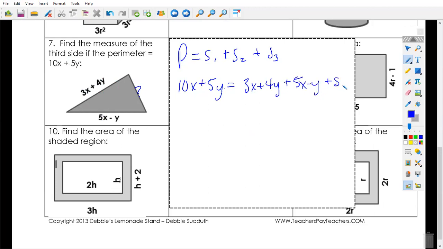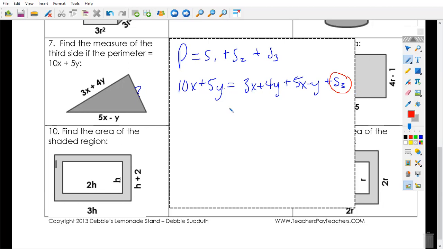But do we know S3? No, this is what we have to get by itself. What do I need to do to get it by itself? I need to do some addition and subtraction, because we're doing inverse operations. If my current operations are adding and subtracting, then their inverses are going to be subtracting and adding. You don't even have to do PEMDAS. You're literally just adding and subtracting like terms.